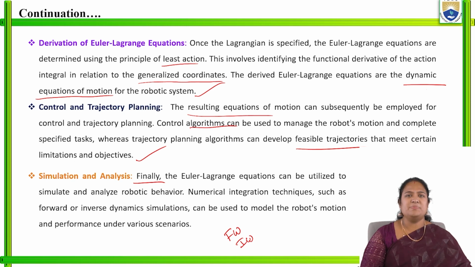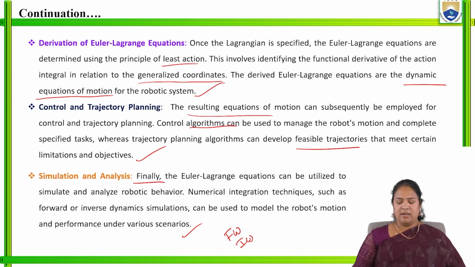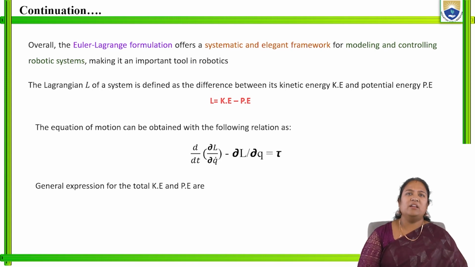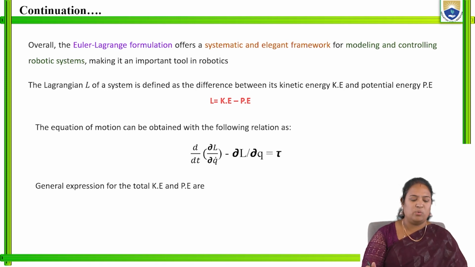By using this simulation and analysis, the behavior and the performance of the robot motion will be determined. So overall, the Euler-Lagrange formulation offers a systematic and elegant framework for modeling and controlling the robot system.